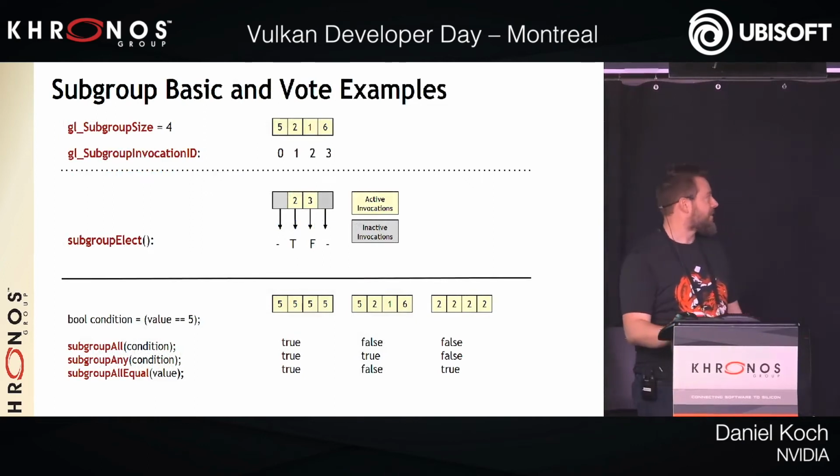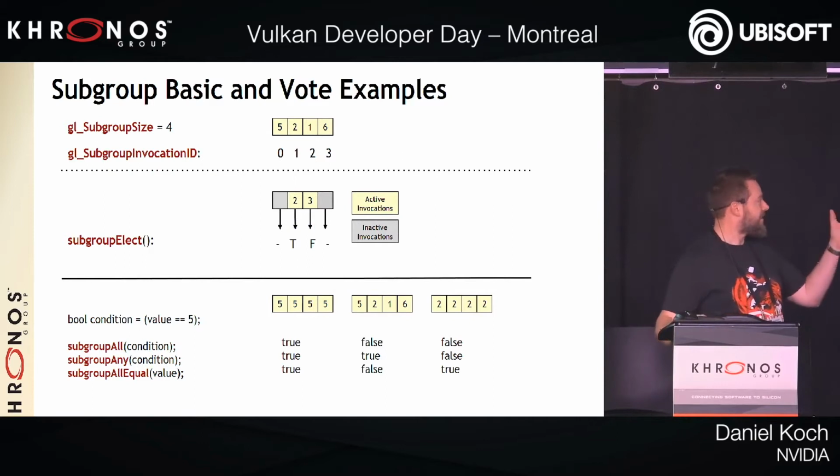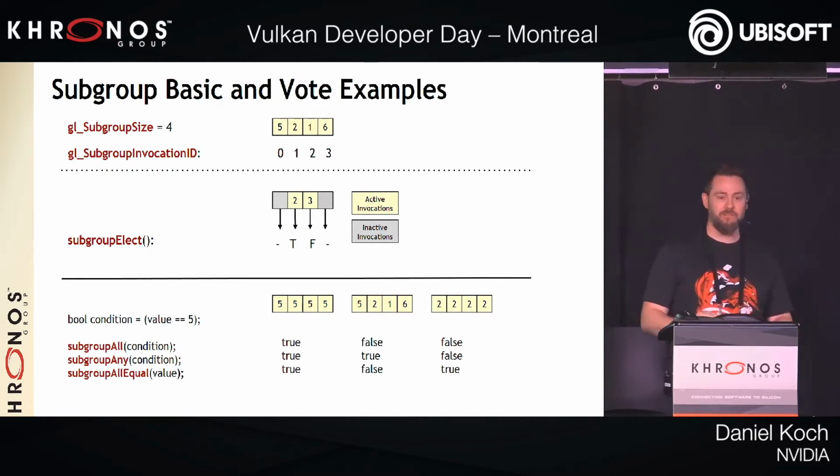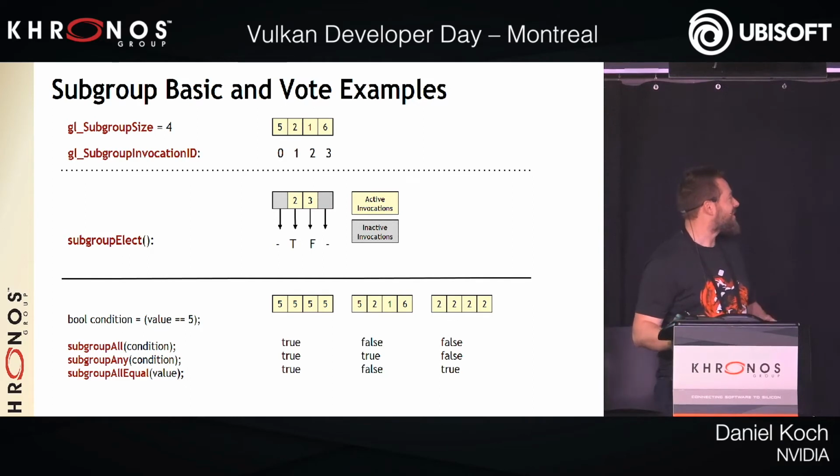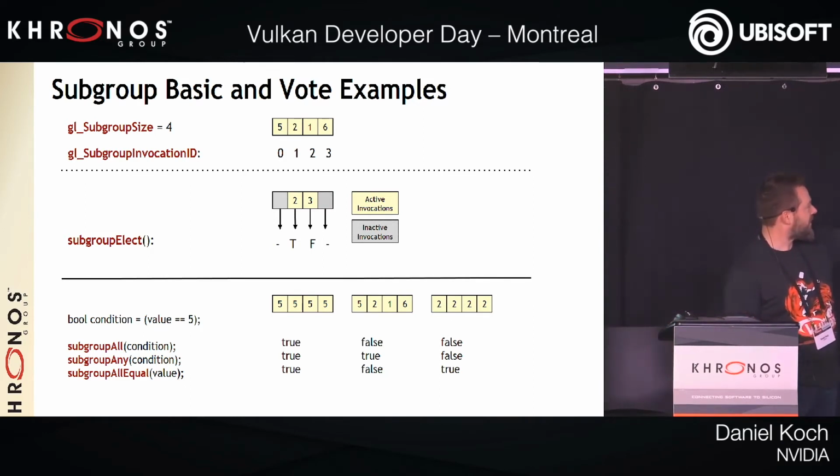So just some examples. I'm going to have a lot of examples in this presentation, so I'm just going to be using a subgroup size of 4. It's smaller than most implementations will have, but I don't want to try and work with 32 or 64 on the slides. It just gets unwieldy, and you can mostly understand it from a subgroup size of 4. In this case, I've got four invocations.